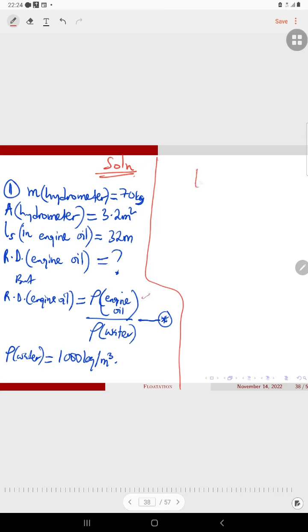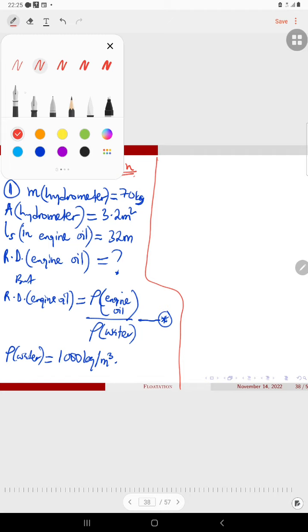I didn't use LW over LS, the length in oil, because we don't have much information about that. So our focus is that we want to find the density of engine oil. And how do we find the density of engine oil? Let us find it from the upthrust.